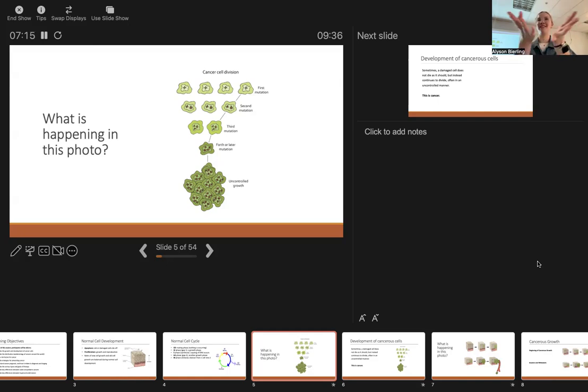I saw a lot of discussion from the front. What do you think is happening in this image?